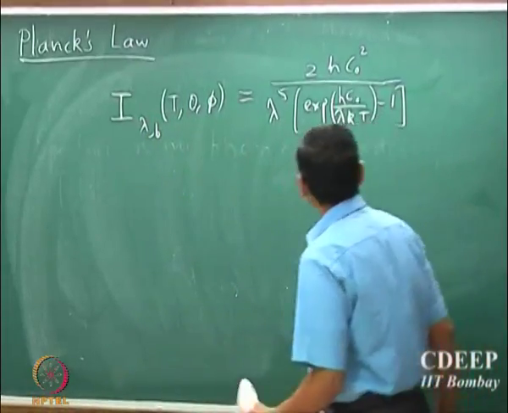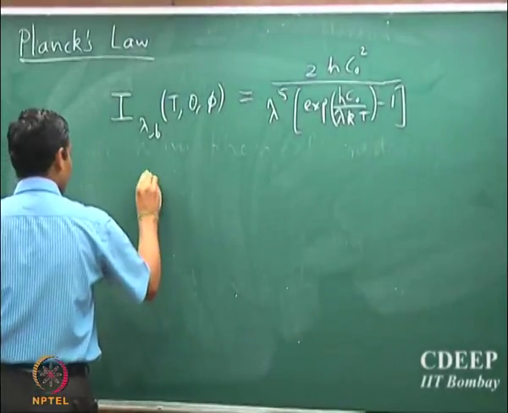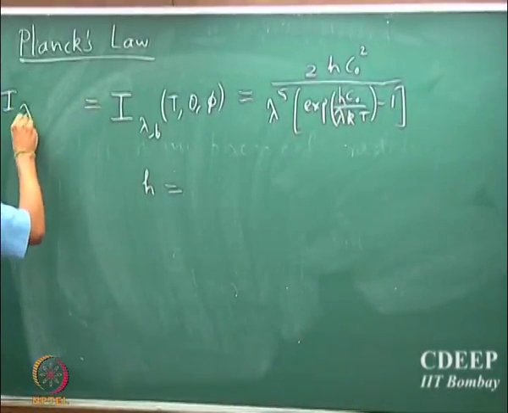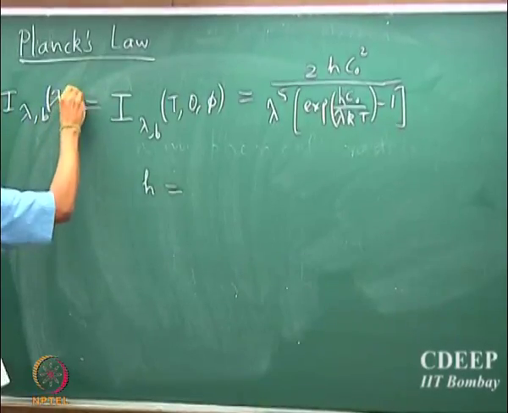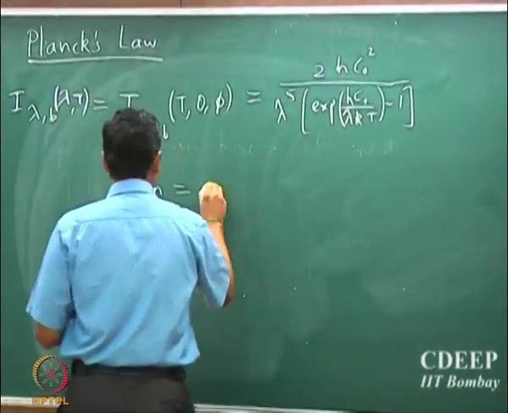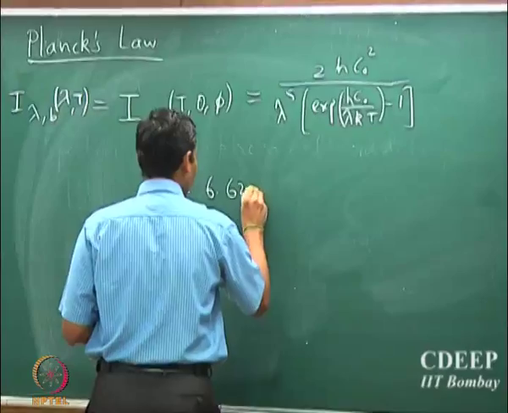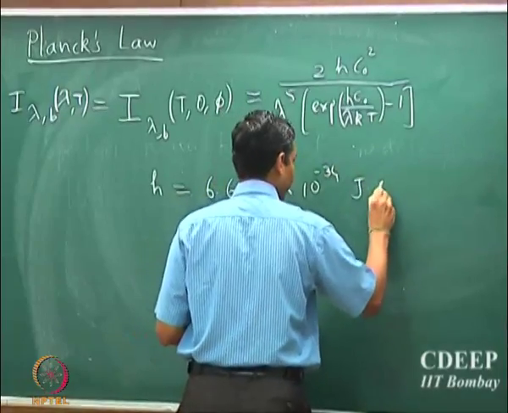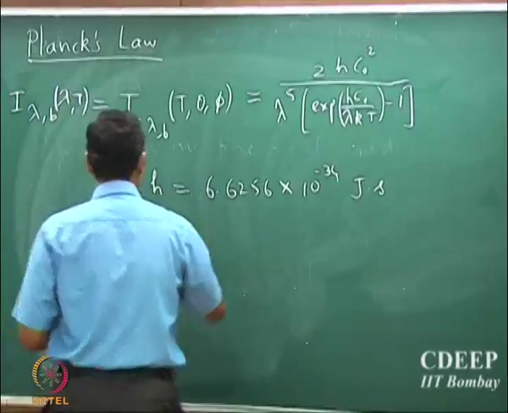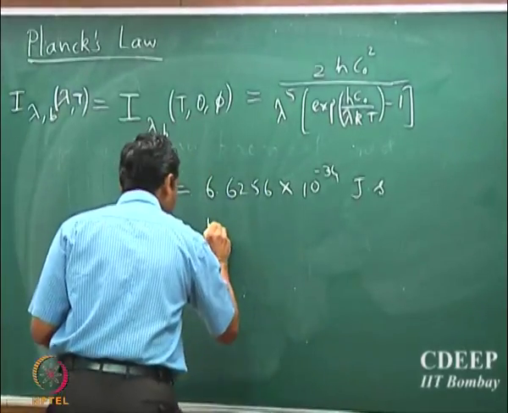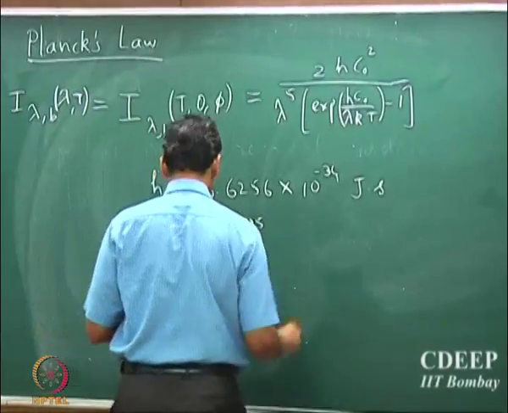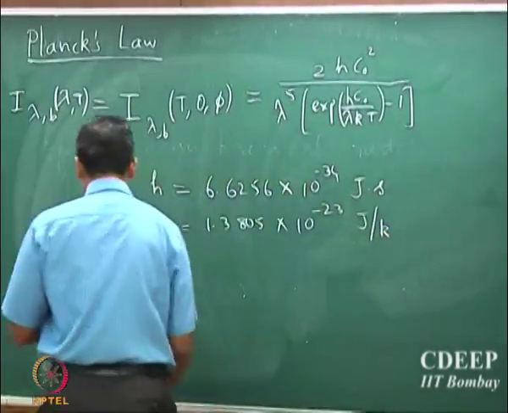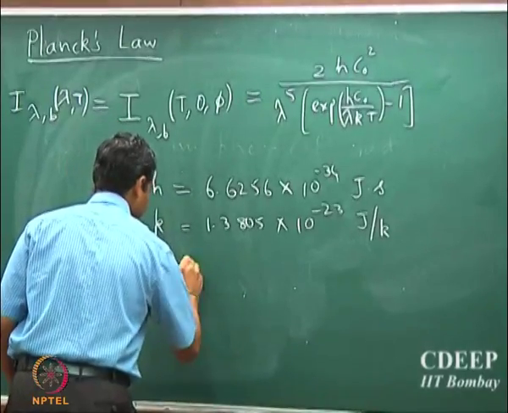And there are some constants that I should write here. Note that it's a diffuse emitter, therefore it's only a function of lambda and temperature. The Planck's constant h is 6.6256 into 10 power minus 34 joule second, and k is the Boltzmann constant, 1.3805 into 10 power minus 23 joule per Kelvin, and c naught is the speed of light.